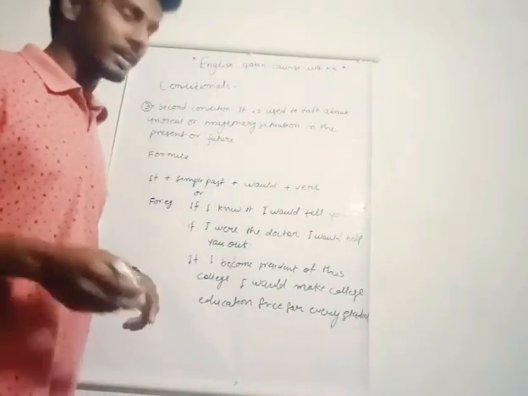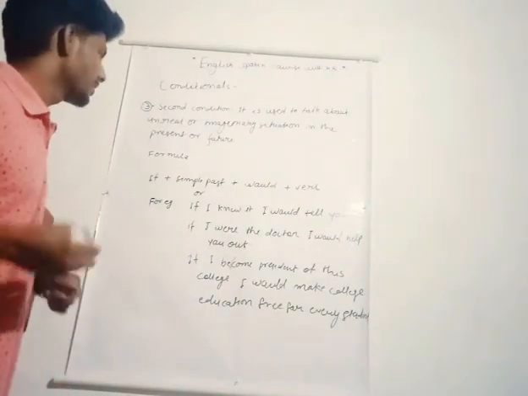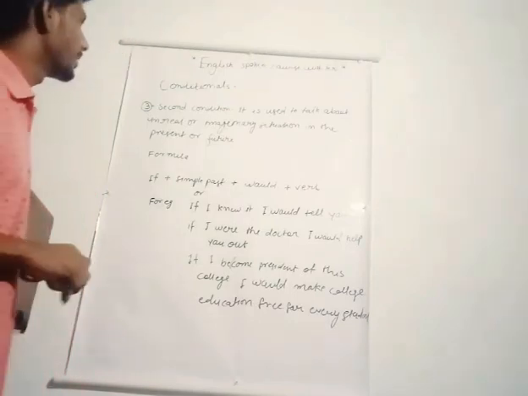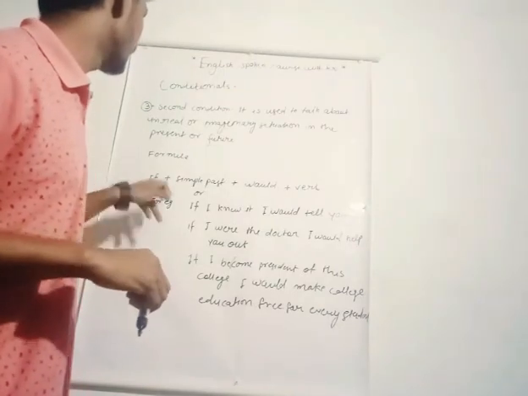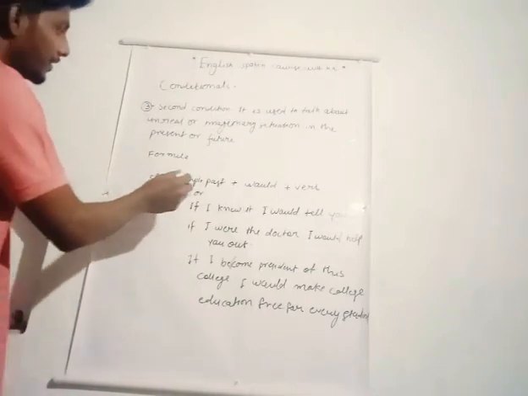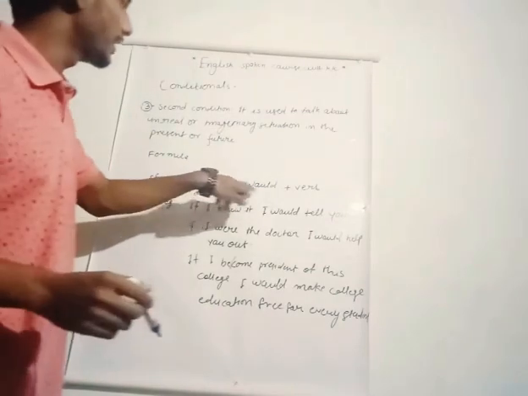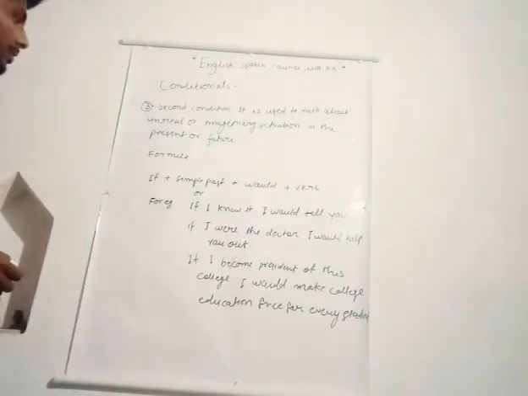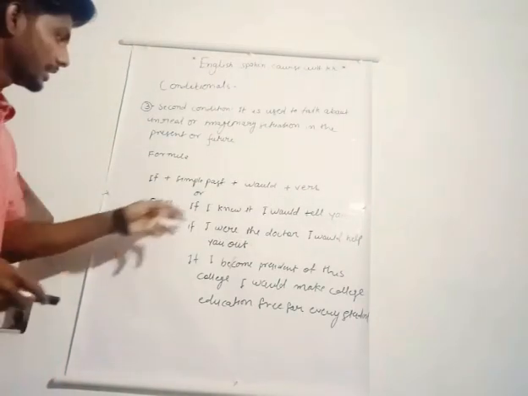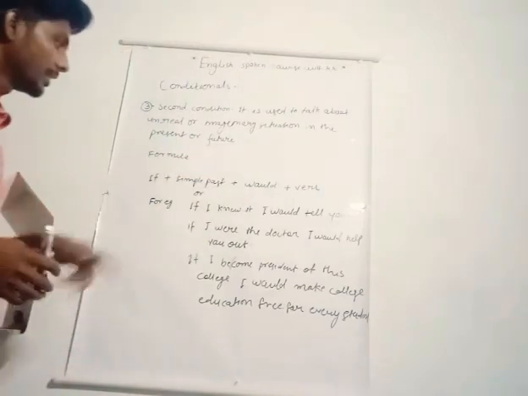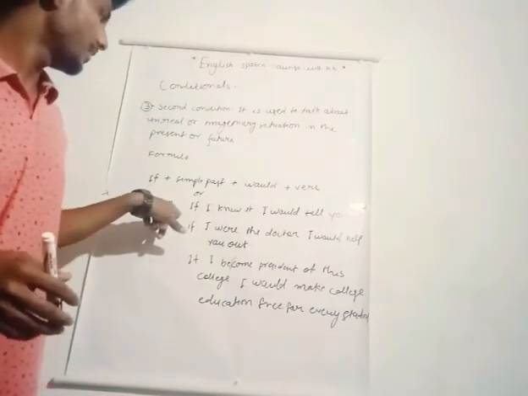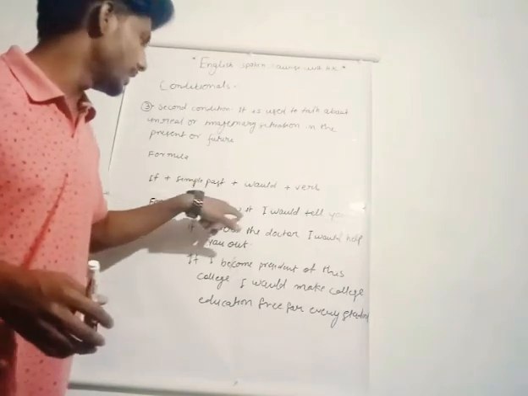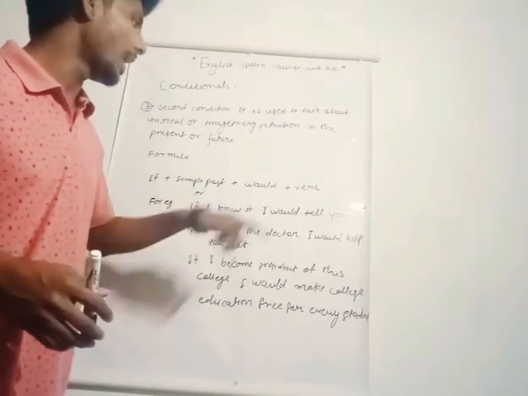Okay, so let me take some examples of this. Firstly, we will talk about how to formulate the second conditional. The formula is: if plus simple past, and then would, a modal auxiliary verb, then the verb. Like, if I knew it, I would tell you.